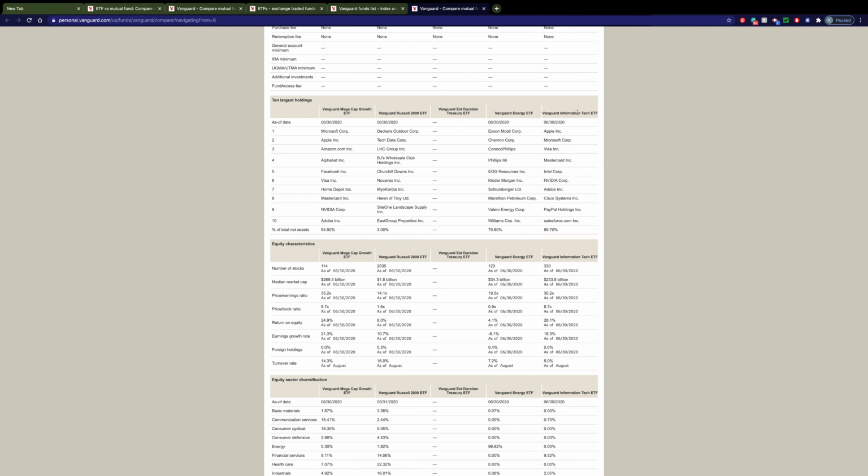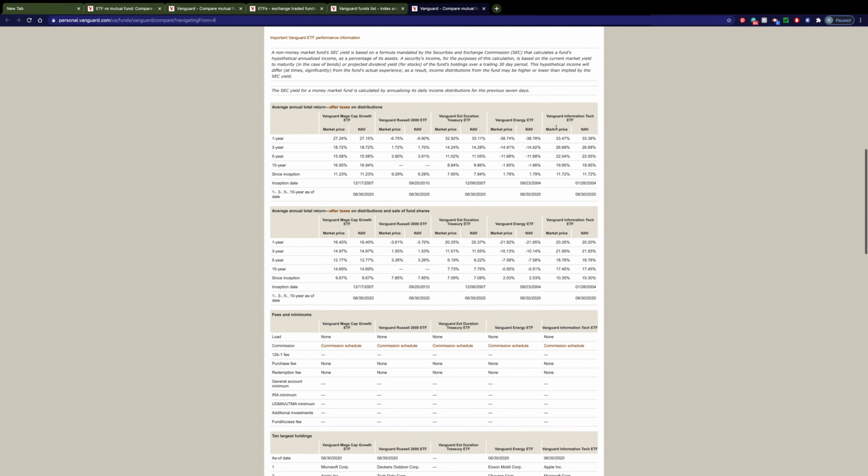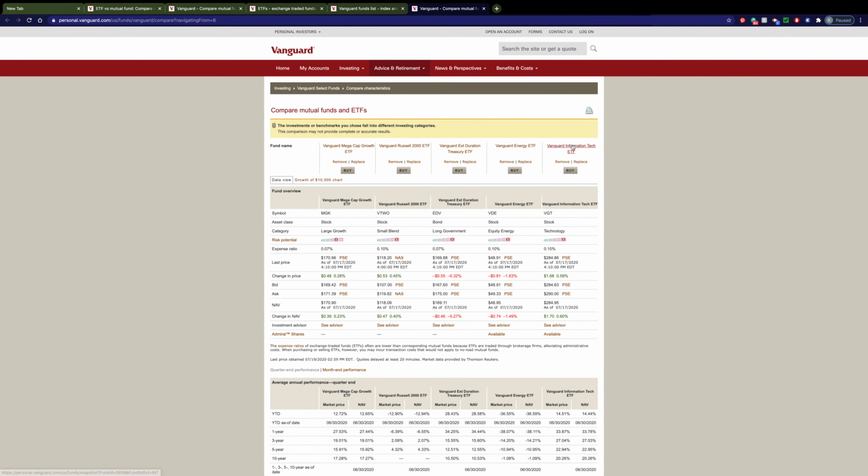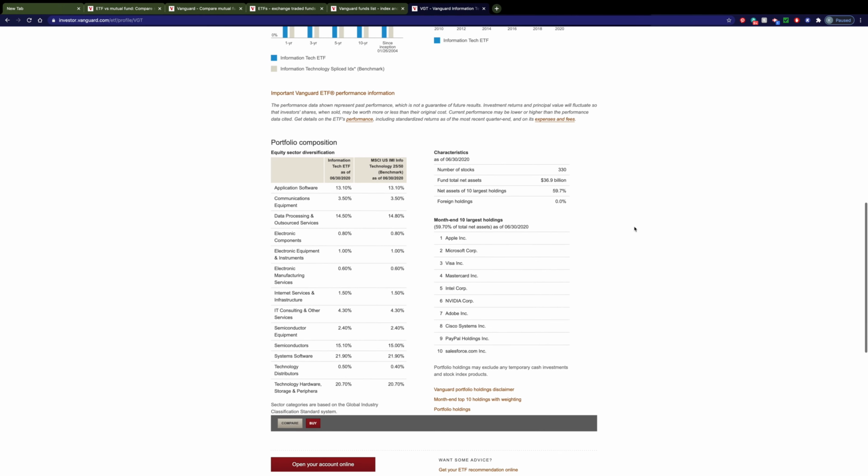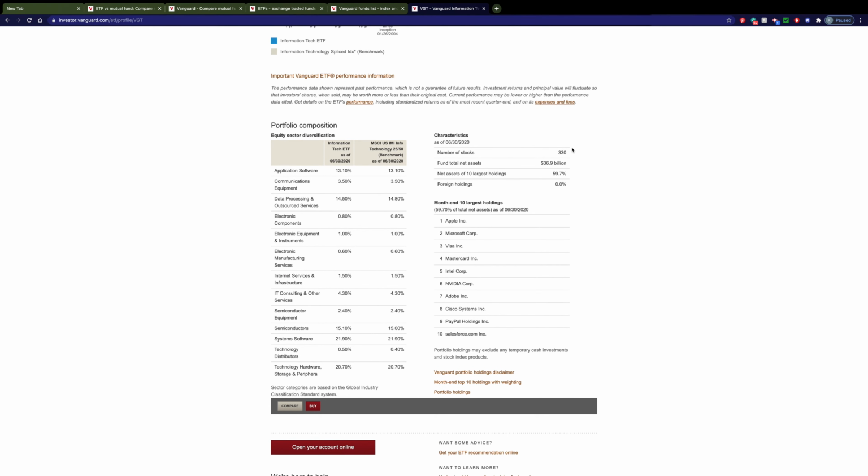In the information technology ETF, these 10 stocks make up 59% of the ETF. That isn't necessarily super diversified, but definitely more diversified. If you click on the actual ETF, it will tell you the number of holdings within it. There are 330 stocks total, but of those, the top 10 make up 59.7%.